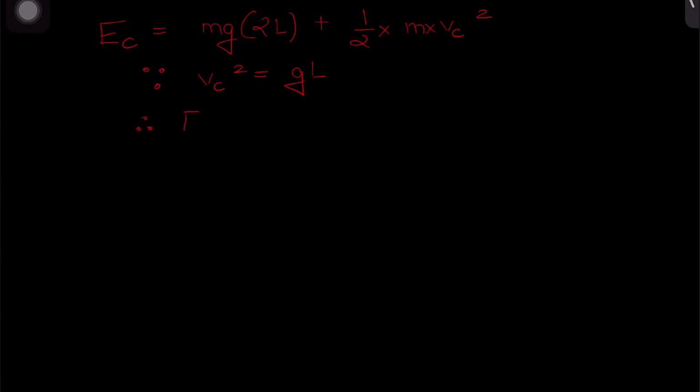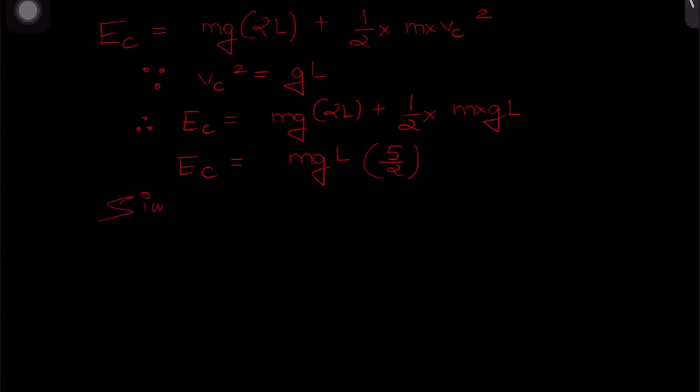Energy at C, the topmost location, is mg into 2L plus half m vC square. Now vC square is equal to gL. Therefore, EC is mg into 2L plus half m into gL, so EC is mgL into 2 plus 1 by 2, which is 5 by 2.